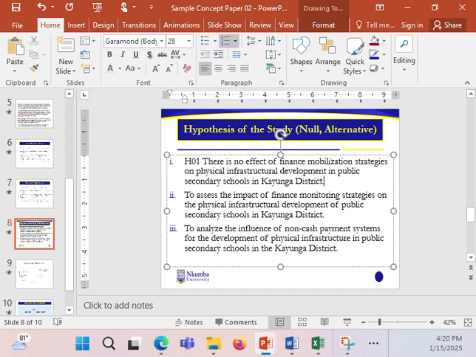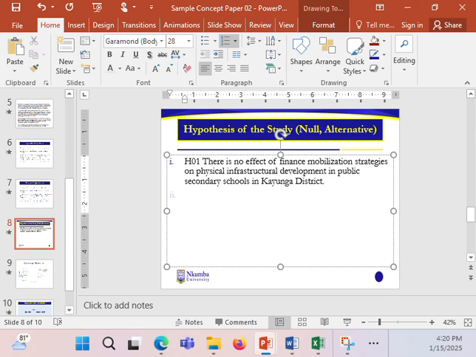If the researcher finds that the relationship is not there as stated here, the researcher confirms the null hypothesis. For each objective, you create a null hypothesis for it.